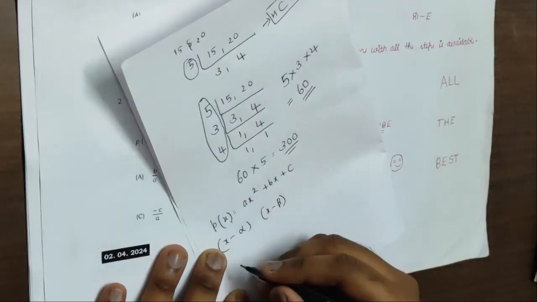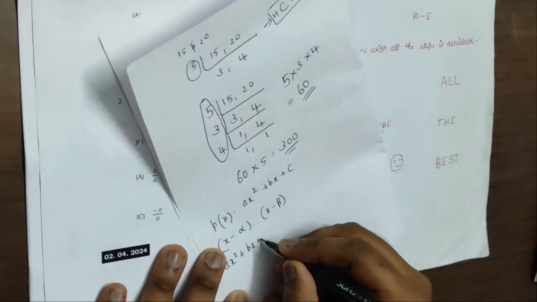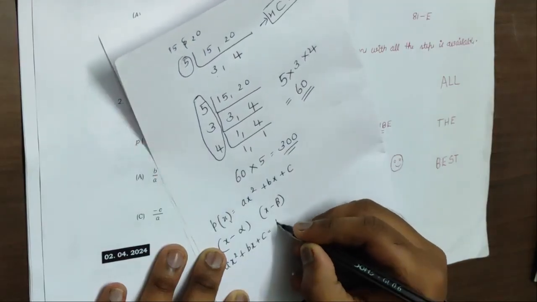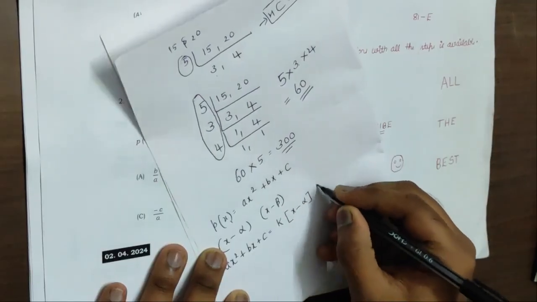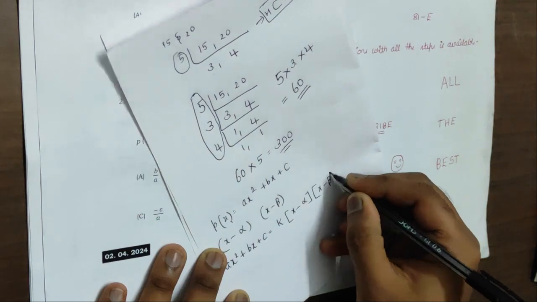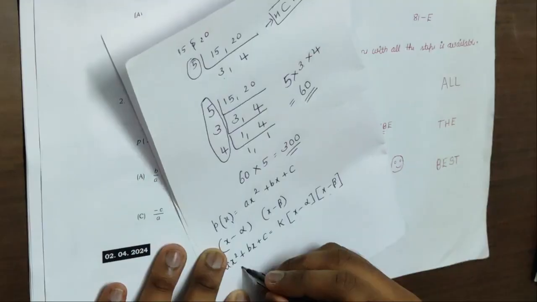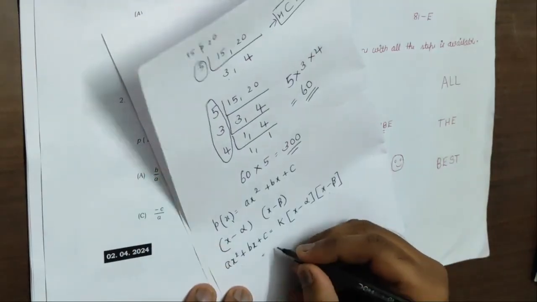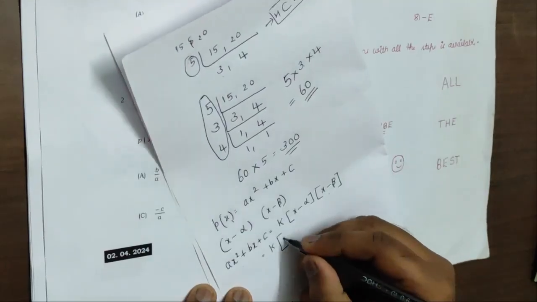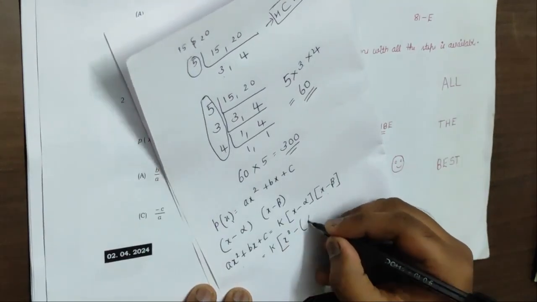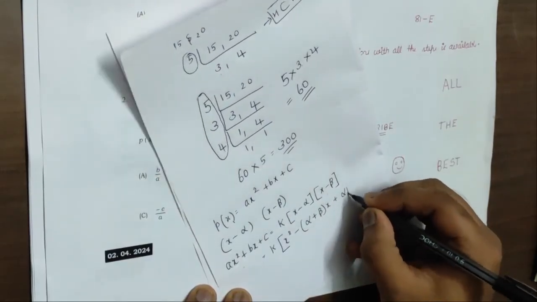Let us compare this polynomial now. ax square plus bx plus c is equal to some constant k that we'll take, times x minus alpha into x minus beta. We have considered k as a constant and these are the factors of this polynomial. Now we'll multiply these both: k into x square minus alpha plus beta into x plus alpha beta.